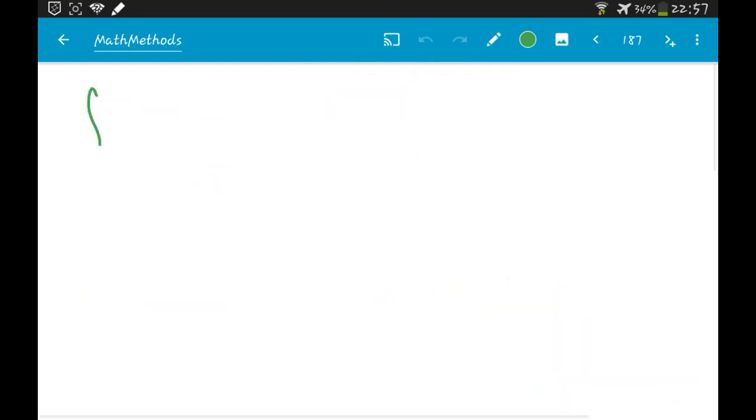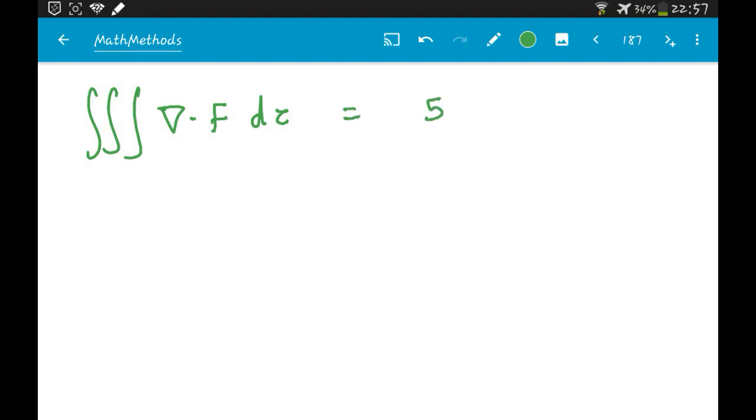So we have this integral that we were supposed to find.